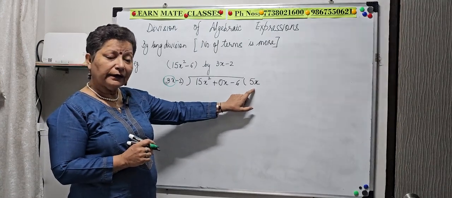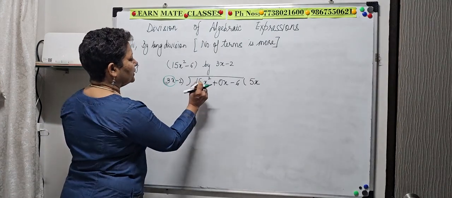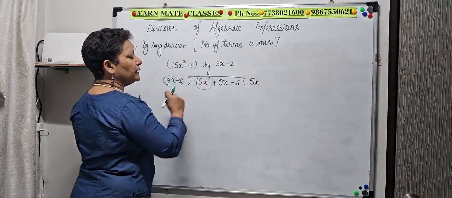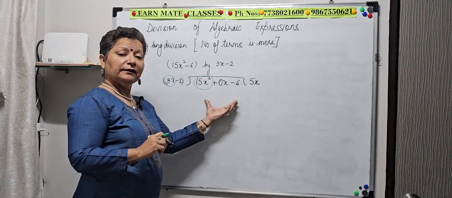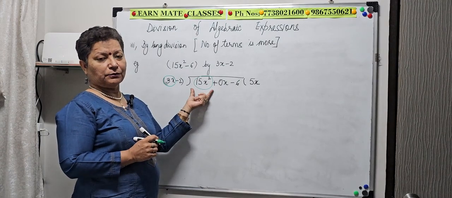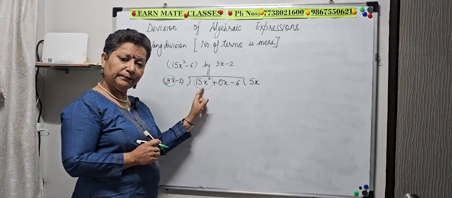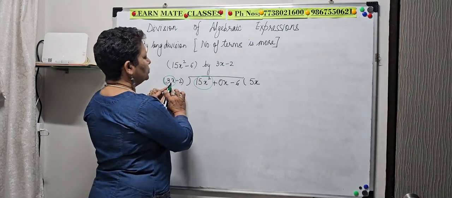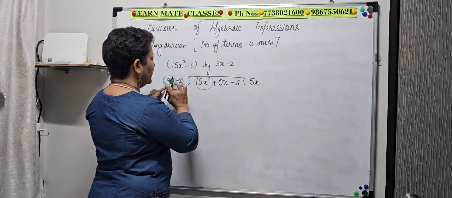Again, I need to try and remove this particular term, because at each step I am trying to make my dividend smaller. So if I have to make it smaller, I will have to get rid of this term. And I also know whatever is written here is the product of the quotient and the divisor.